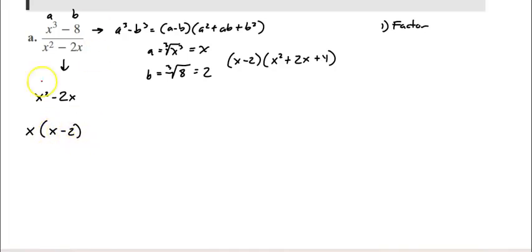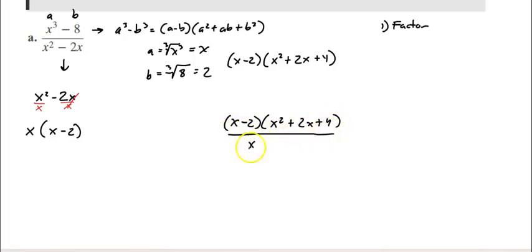Just for clarification, remember, whenever you're factoring out, it's reverse distribution. Divide out the x, and the x leaves just 1 on top. Now we can rewrite this as x minus 2 times x squared plus 2x plus 4, all over x times x minus 2.